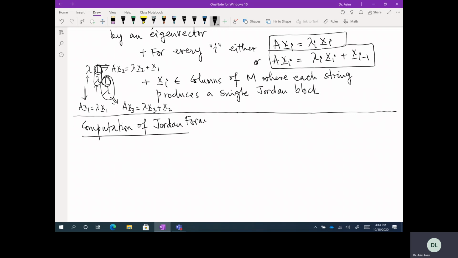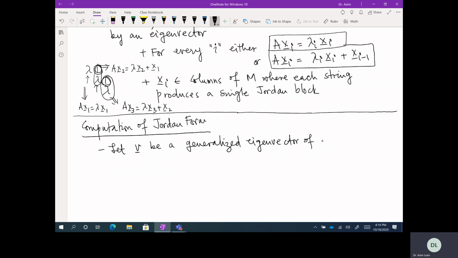So let v be a generalized eigenvector of grade k.